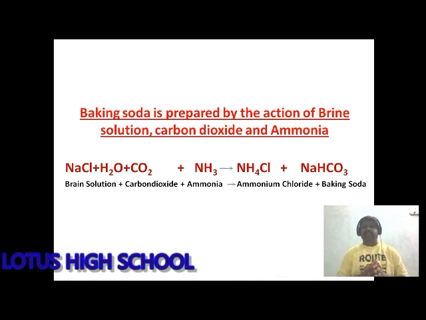For making baking soda, which chemical is saturated with ammonia? Brine solution. In the Solvay's process, what is the other chemical substance along with baking soda? Ammonium chloride. Those are the questions given in the CBSE board, so know the answers very well.